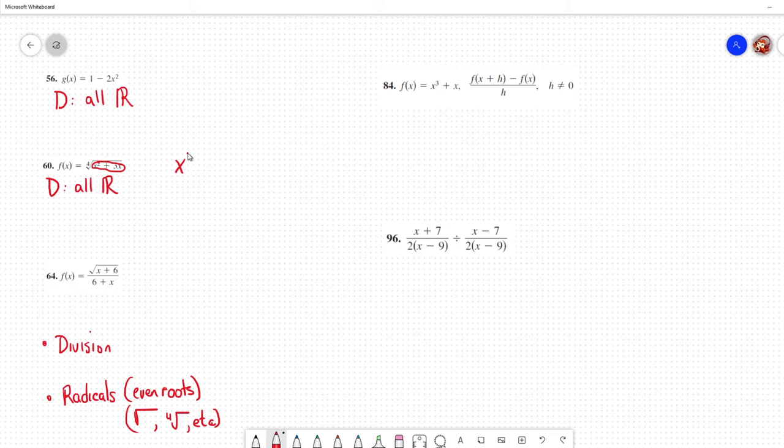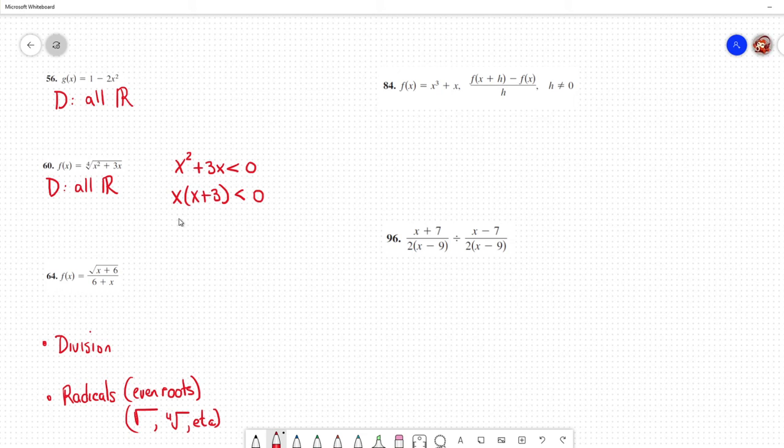So when is x squared plus 3x less than 0? If it's negative, I don't want to include those numbers. I'm going to say all real numbers except for, and I'm going to go ahead and solve the inequality of this.